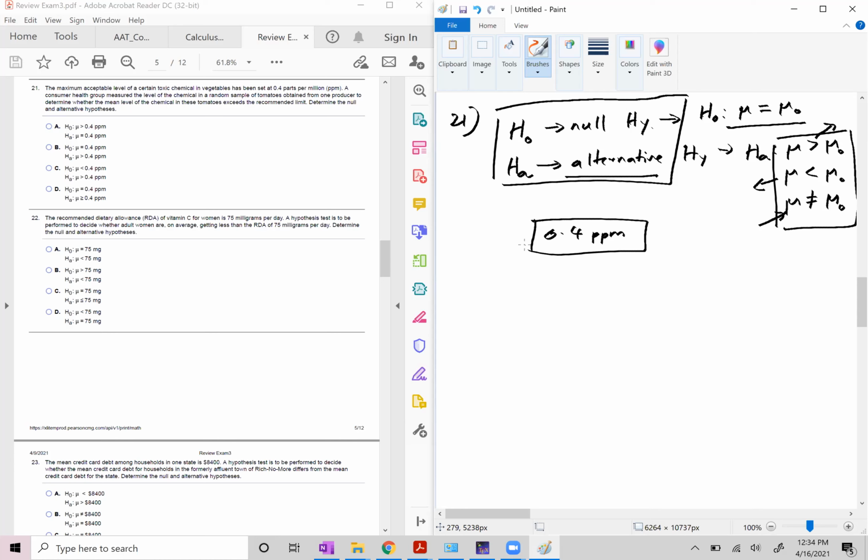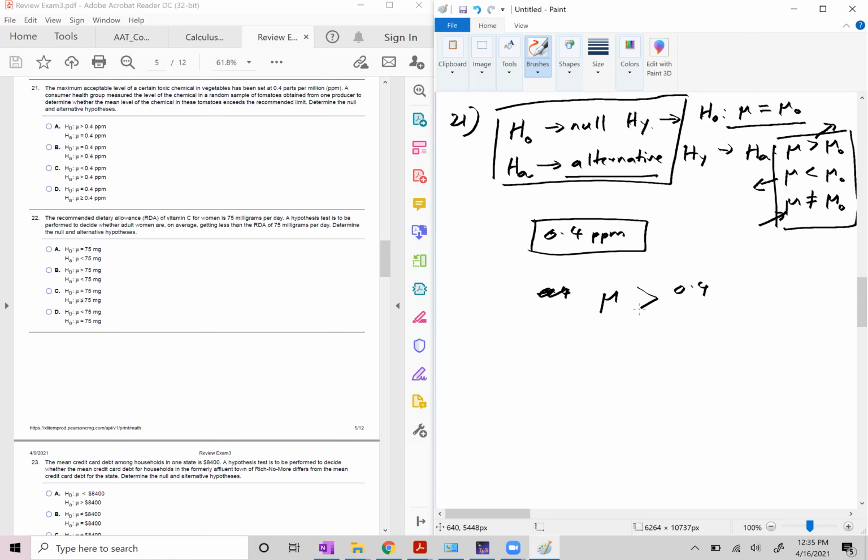Okay. Now, where would the new news come in, or new information? A new news will appear if this 0.4, if the mean, mu, of these tomatoes is more than this toxic level, right, then it's going to be big news, right?